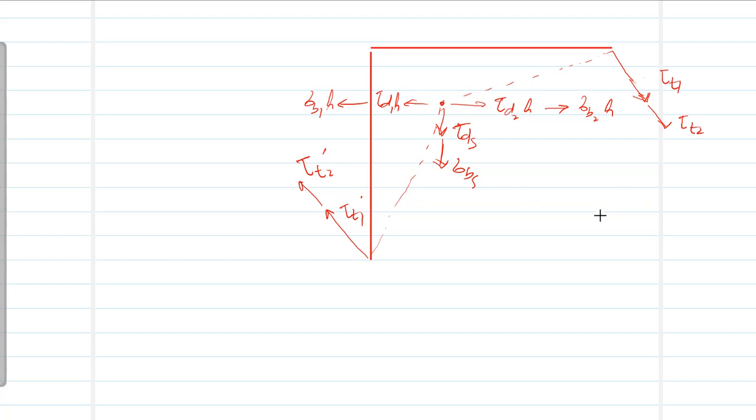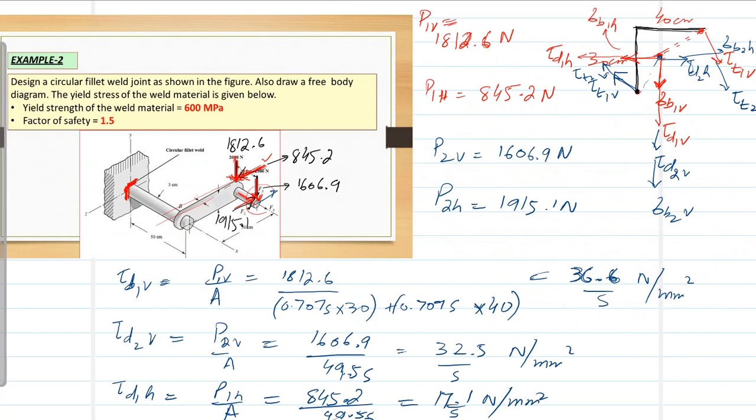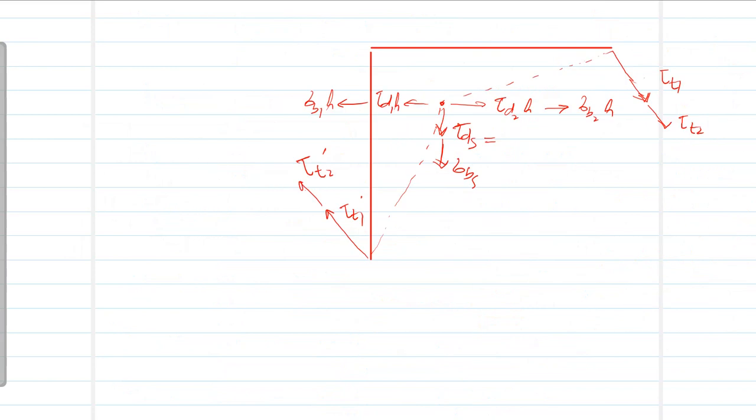So this tau ds is a sum of tau d1v and tau d2v. Okay? So tau d1v and tau d2v is 36.6 plus 32.5, 69.1. This is 69.1 divided by S. Clearly?